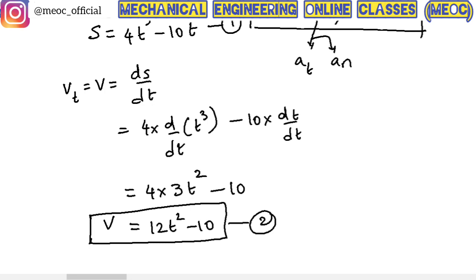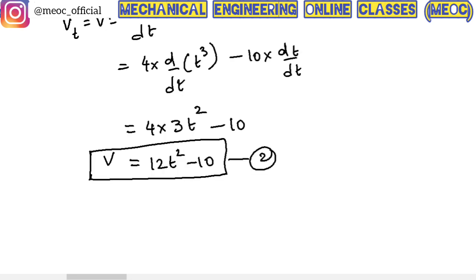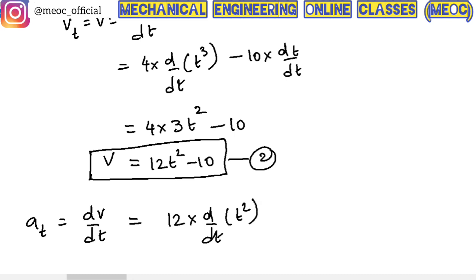Now because we have velocity, if we differentiate velocity, we get the tangential component of acceleration. So we are making a derivative of equation 2. So it will be 12 into d by dt of t square minus d by dt of 10.